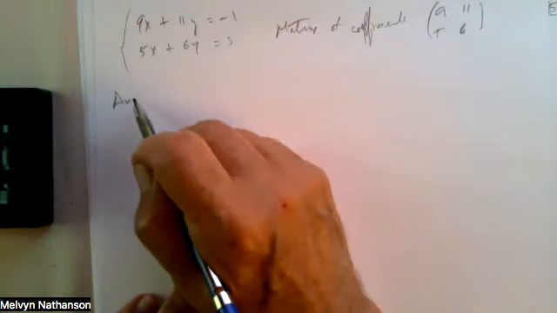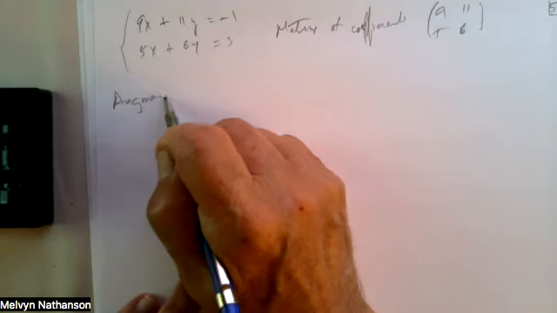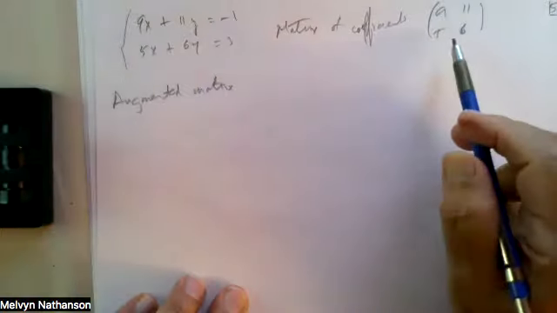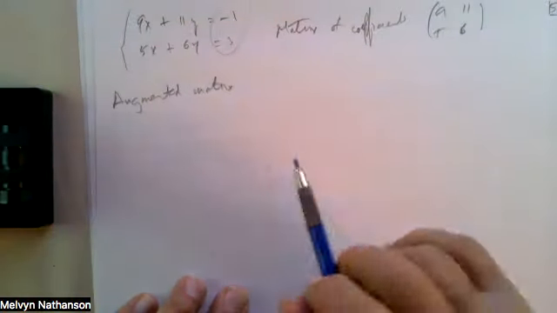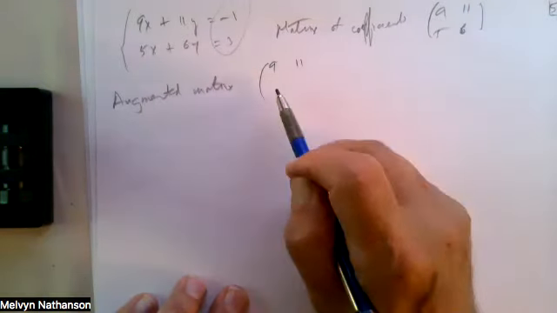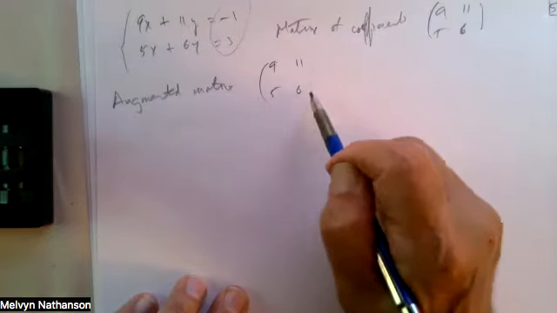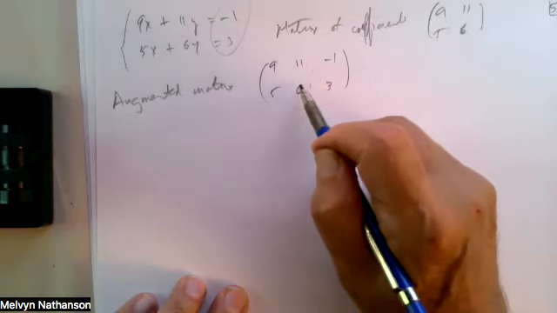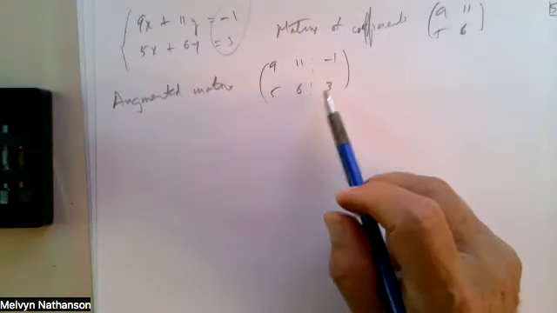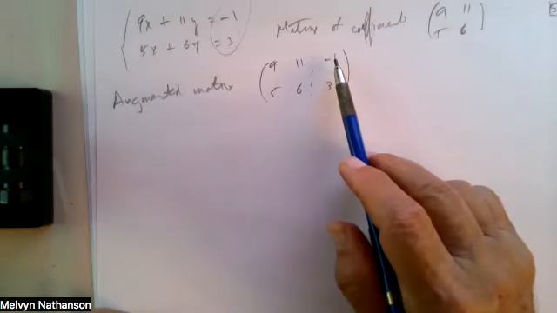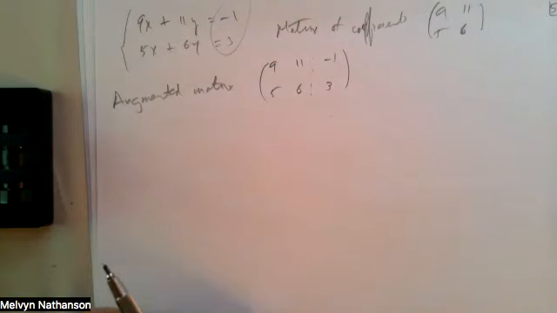But then we augment this matrix. We get the augmented matrix by adding a column, which is the right-hand sides of these equations. So the augmented matrix is 9, 11, 5, 6. And then I add this column minus 1, 3. Right? I'm just putting this dotted line to make it clear that I augmented the coefficient matrix by adding the right-hand sides.